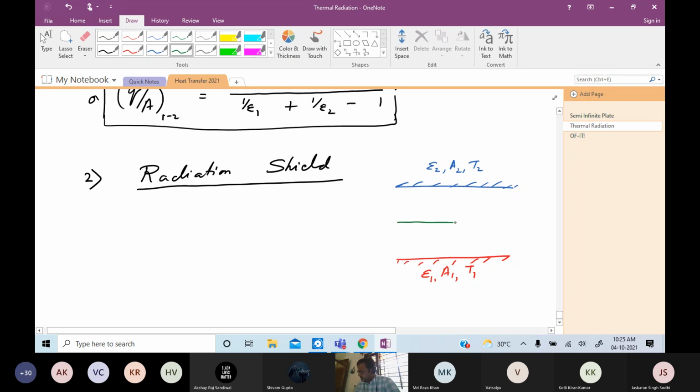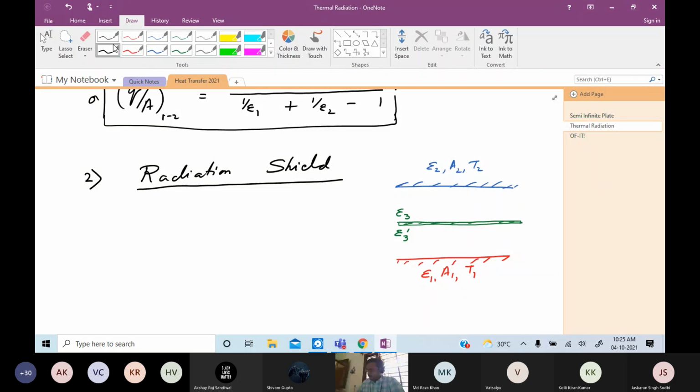And then I put in a radiation shield over here. Let us say this is epsilon 3 on this side, epsilon 3 prime on this side. Of course, epsilon 3 can be equal to epsilon 3 prime.